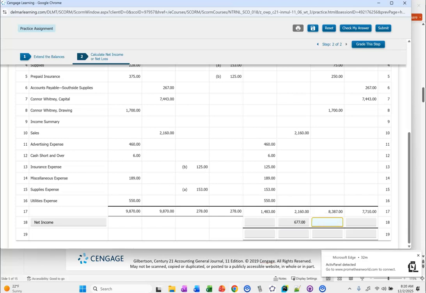Is it the credit on the balance sheet or a debit on the balance sheet? Debit. Okay. Let's check that. Oh, no. I think it's debit and credit. Oh, we just have them in the wrong spots? 677. Yeah. That did it.